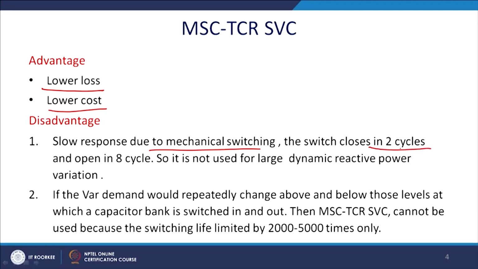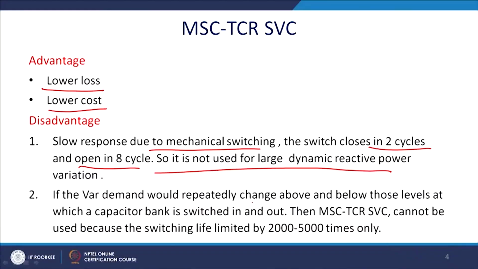For this reason we require to insert this reactance very slowly, and this leads to subharmonic oscillation, and it opens in 8 cycles. So, we have to gradually dissipate the power and open it. So, it is not used for large dynamic reactive power variation, nor for fast dynamic reactive power variation.